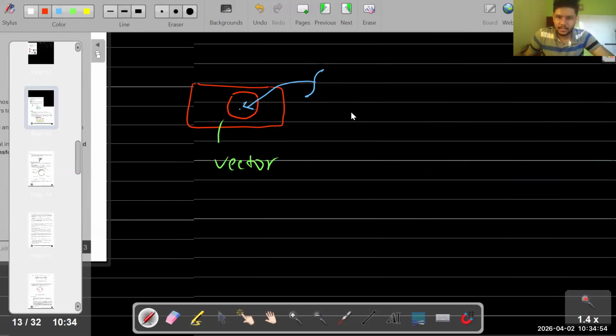Sorry, not a host cell. Virus. This is a vector, right? It has a viral genome. In the viral genome, there are a large number of viral DNA in them, right? Among the viral DNA, what will be present? The blue color. The blue color is the DNA of interest.